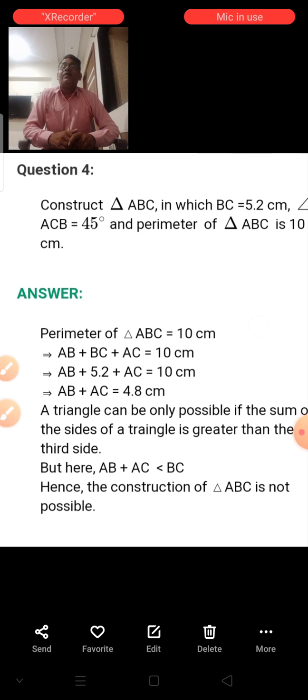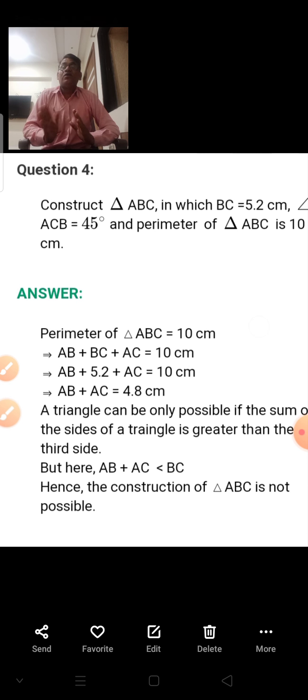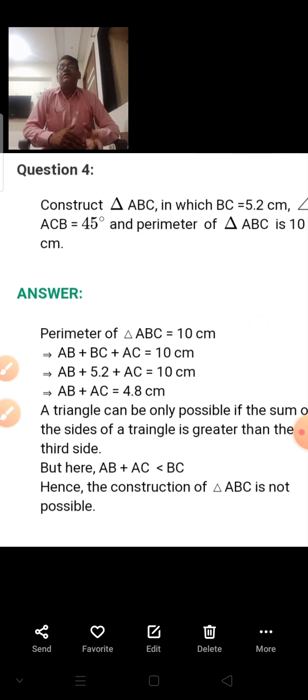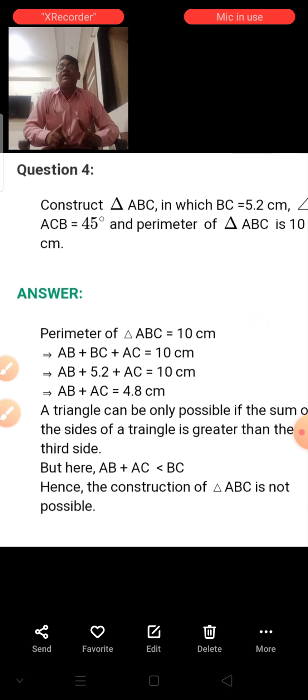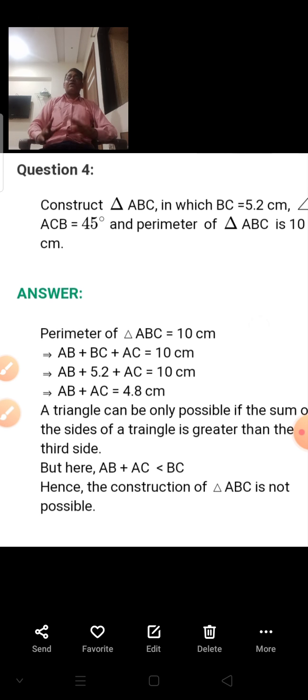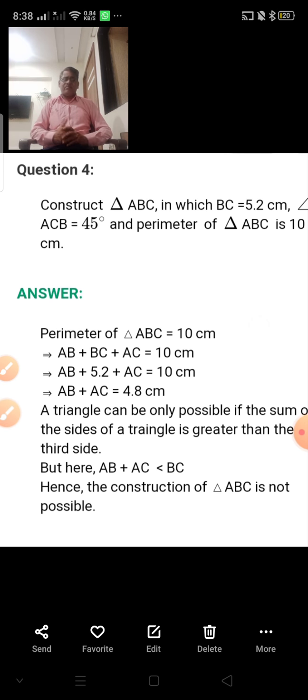Okay, then you all get 4.1, how to draw the given triangles. When the base is given, the addition of two sides is given, and one angle at the base is given, then you can draw the given triangle, right? So now we go to the next exercise, but I think today only you have to practice this one.